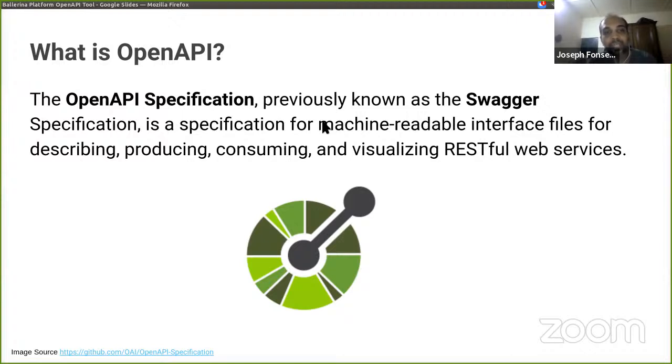We also have generator tools which help you with producing and consuming APIs. When it comes to Ballerina, all the OpenAPI tools are already built in with the distribution, so they are readily available for you to try out. You don't have to go and find different tools for different aspects.